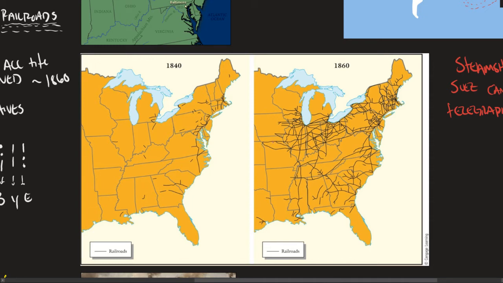This is the dividing line between the free states and the slave states. I think Delaware, I don't know if Delaware's a free state or a slave state. I think it's technically a slave state. Anyways, whatever about Delaware, that's the dividing line.